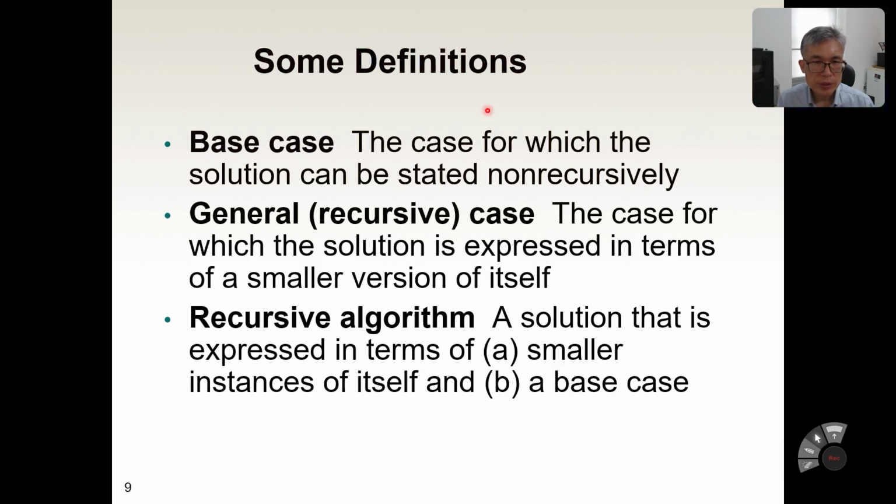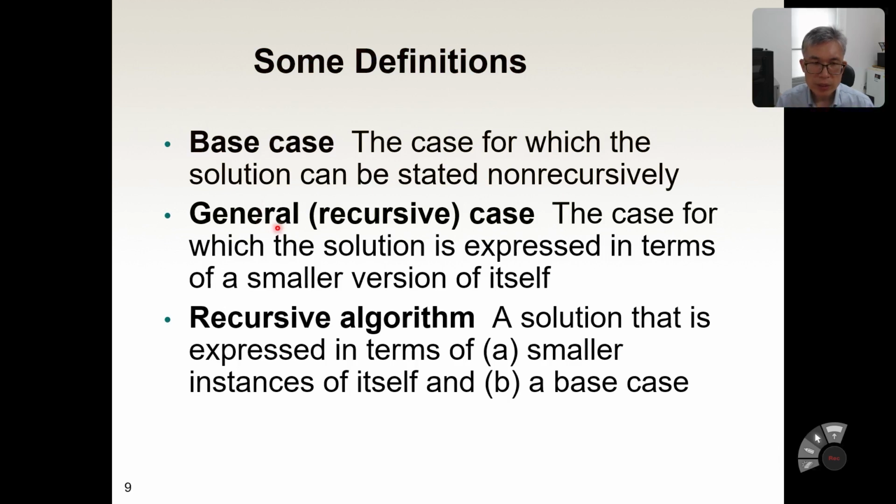Some definitions for recursion: base case, general recursive case, okay, and the recursive algorithm. So recursion, 2 cases. Base case is the case for which the solution can be stated non-recursively because the value is known.